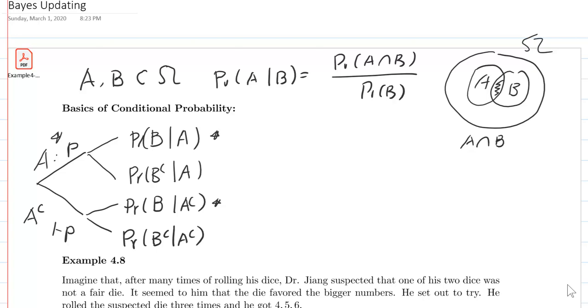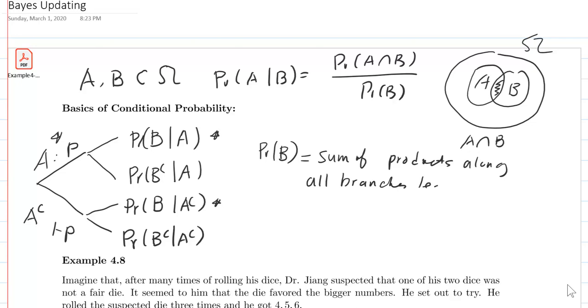This is called the total probability formula. Based on this tree, we can find the probability of B. And how to do that? The probability of B is going to be simply the sum of products along all branches leading to B. It's easy to understand this one.